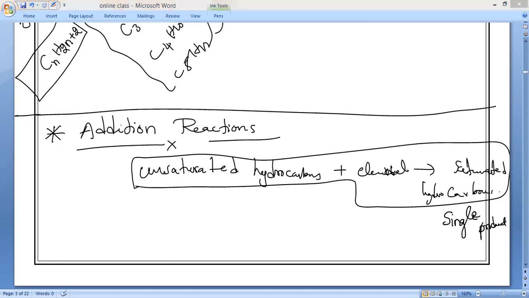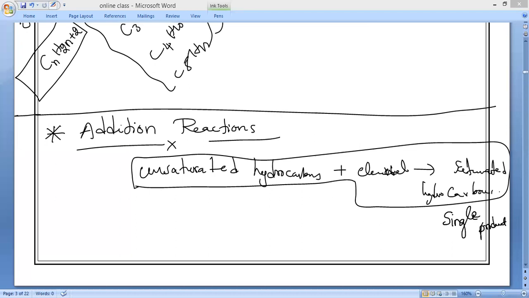So addition reactions include addition of hydrogen, addition of chlorine, addition of bromine, the halogens. Addition reactions are characteristic properties of unsaturated hydrocarbons.